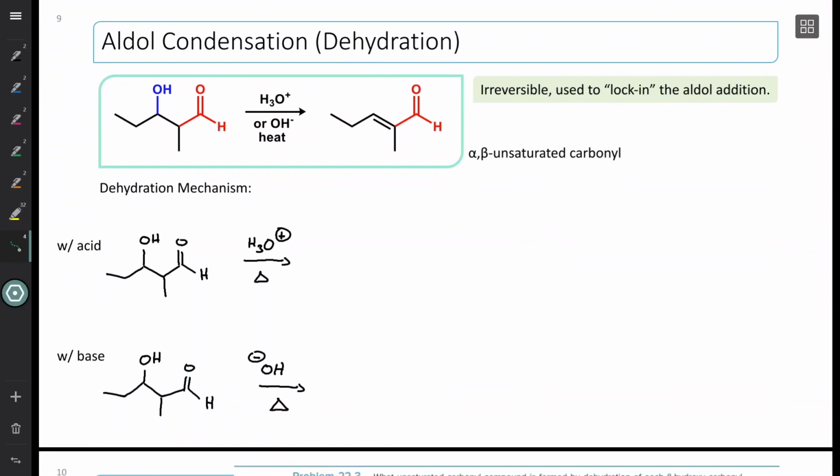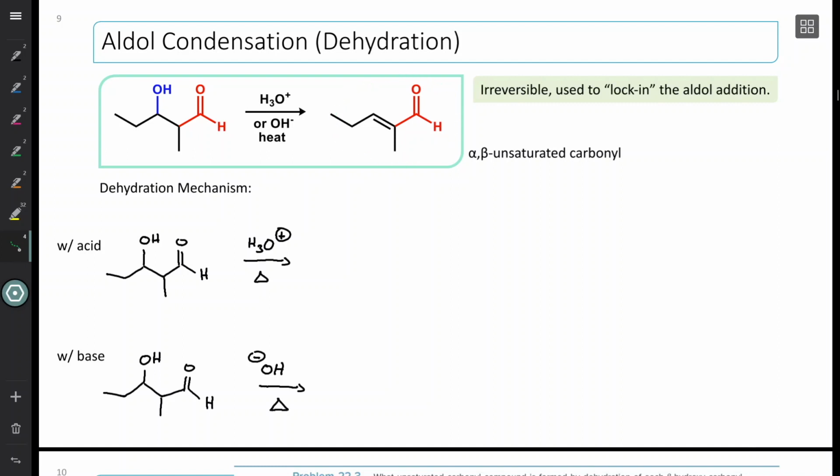Now, the dehydration is irreversible, right? Once you go here, you do not ever go back to the aldol addition, and you never go back to the ketones. So you have to really want to get this final product.